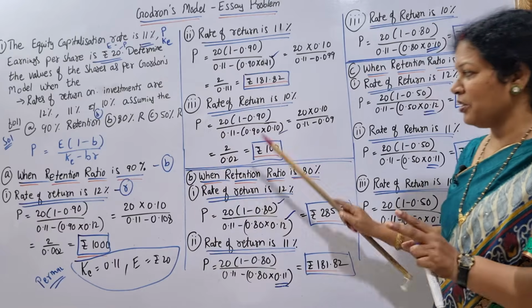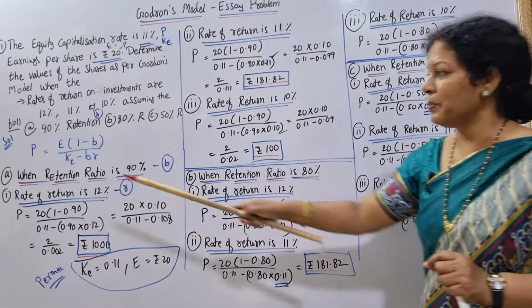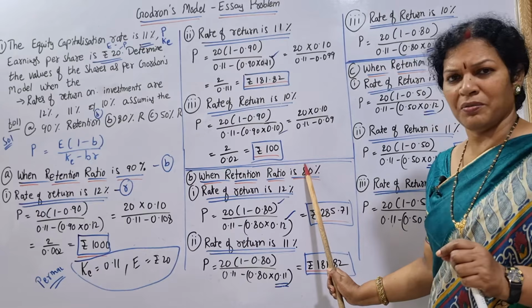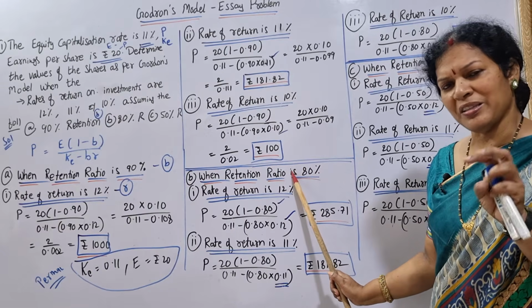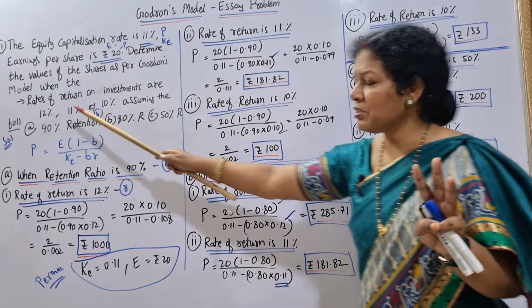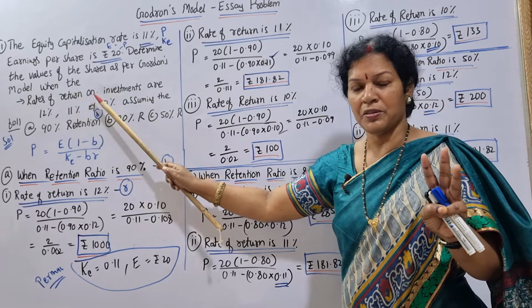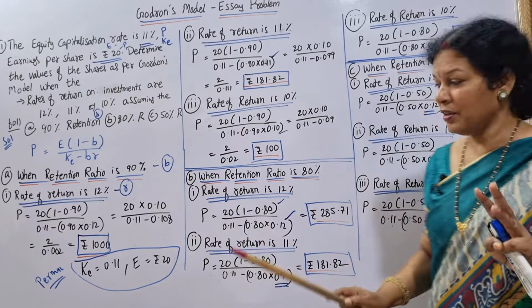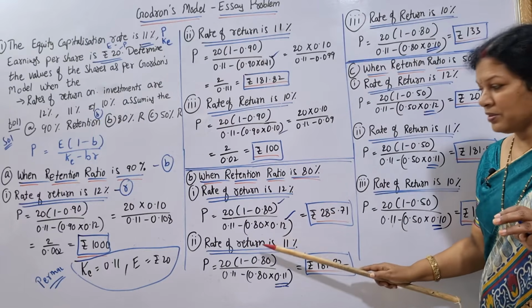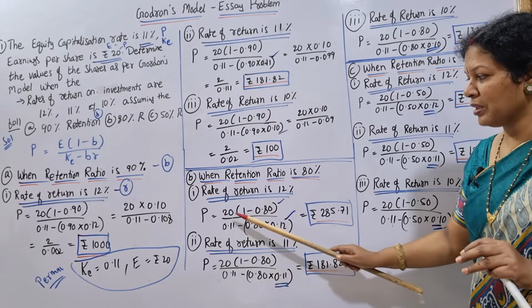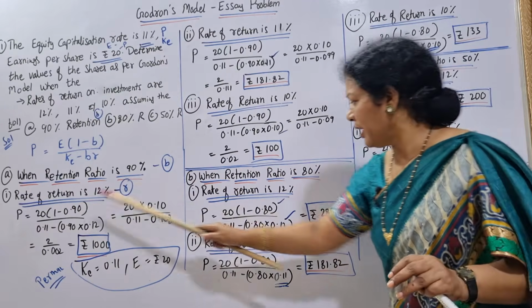In the same fashion, when retention ratio is changed from 90% to 80%, once again we will take three cases of rate of return: 12%, 11% and 10%. Here also nothing is going to change. 20 as it is.